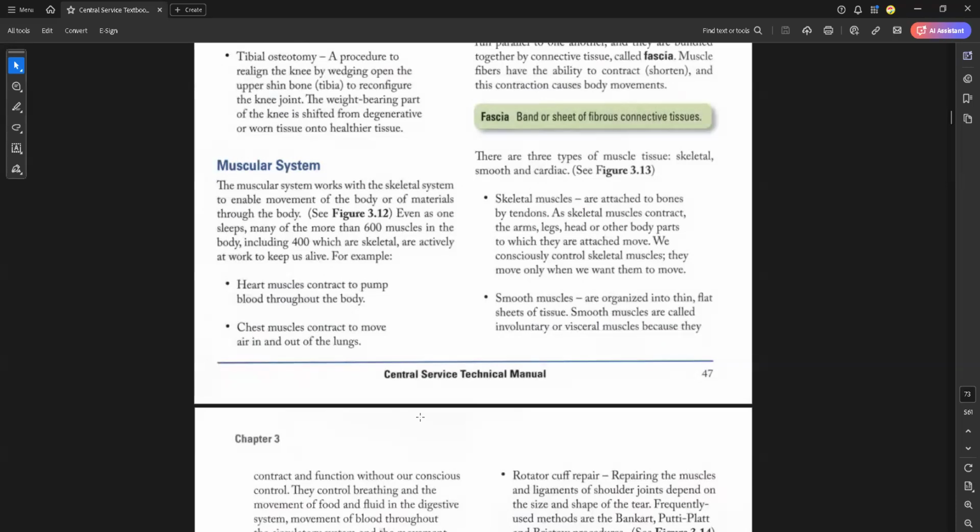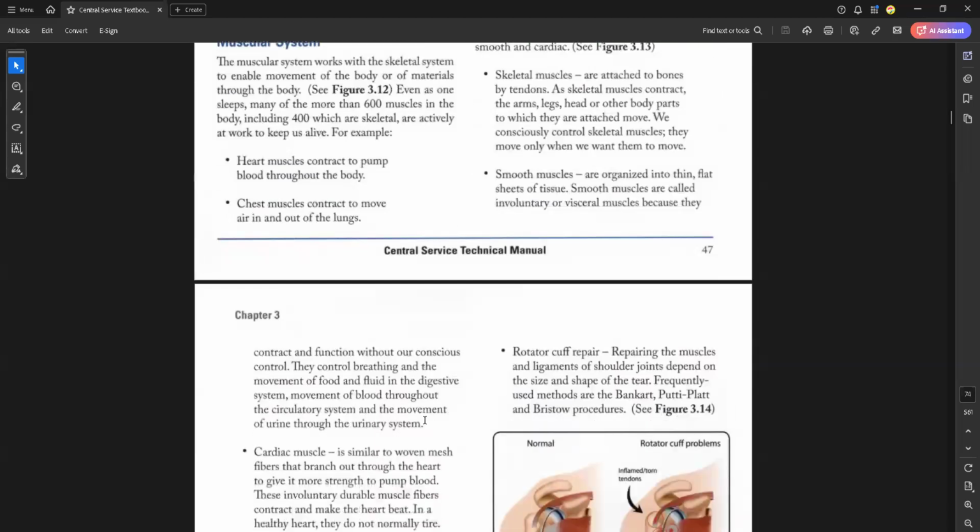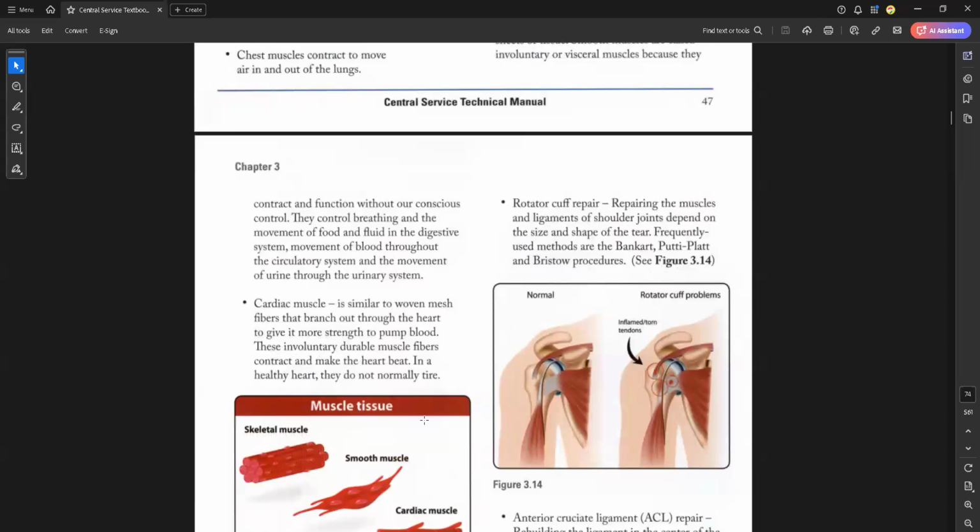So the muscles play a very critical role. Heart muscles contract to pump blood throughout the body. Chest muscles contract to move air in and out of the lungs. So these are some of the key roles of the muscles.